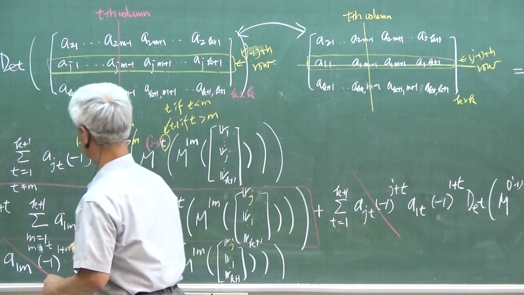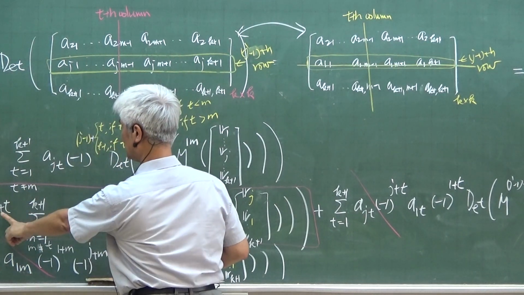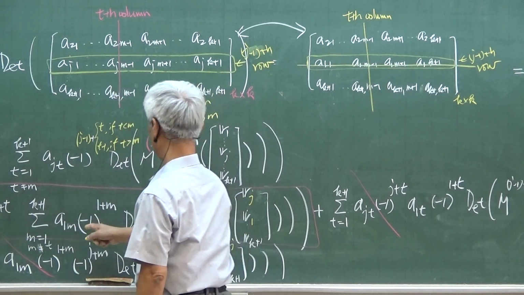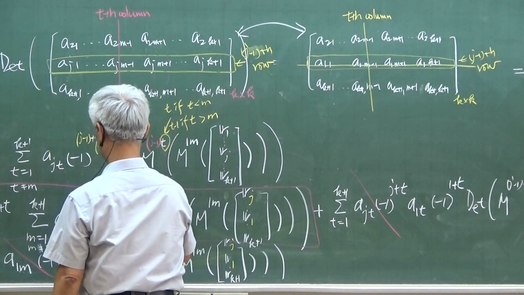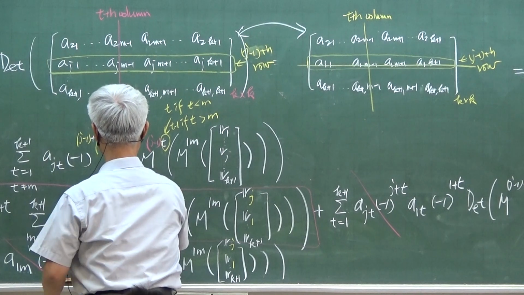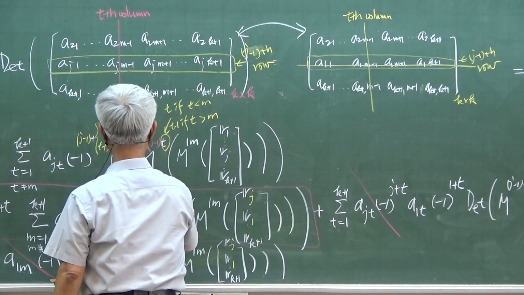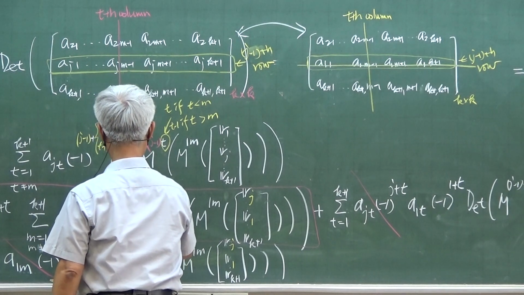If I take them the other way, so that this comes to minus 1, and for here, I have m if m is less than t, and m minus 1 if m is greater than t.